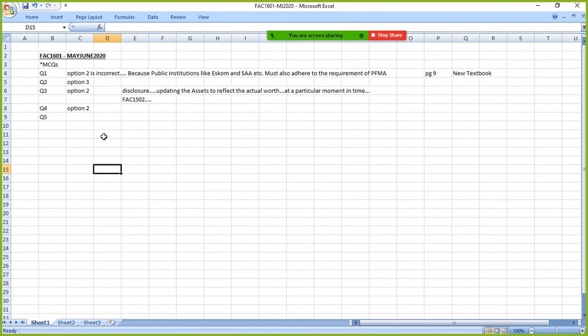Okay, so disclosure for partnerships. Okay, statement of comprehensive income.